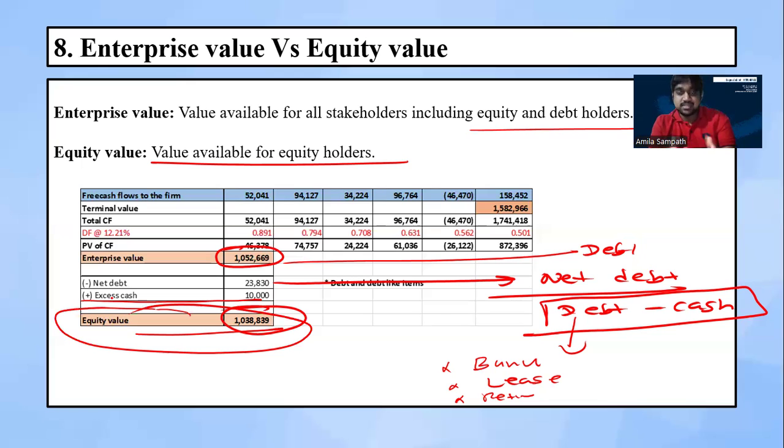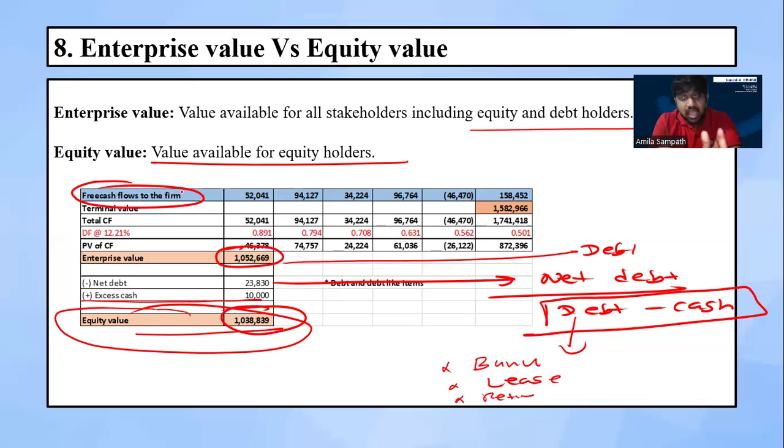I hope you remember that at the beginning I told you I calculated this equity value based on the free cash flow to the firm. But there are two cash flows, free cash flow to the firm and free cash flow to the equity. Here I derived the business value based on the free cash flow to the firm.